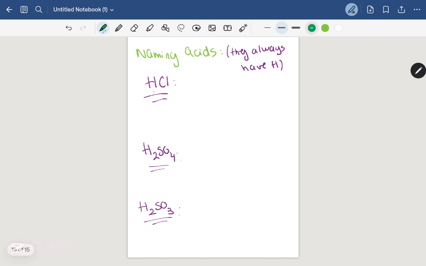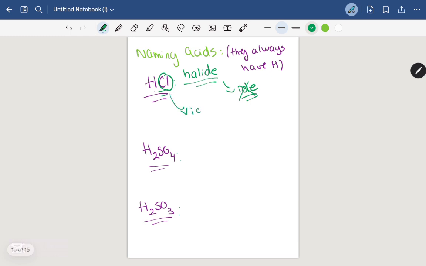So, the first thing you're going to do is look at the anion. Is our anion a halide? Very important. Is it a halide? Because if it is a halide, it's going to end with what? It's going to end with ide. And if it ends with ide, then you will remove the ide, take the root of the second one, and put ic instead.